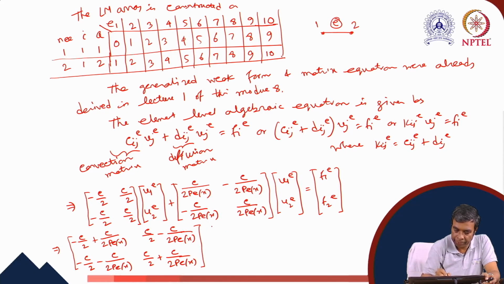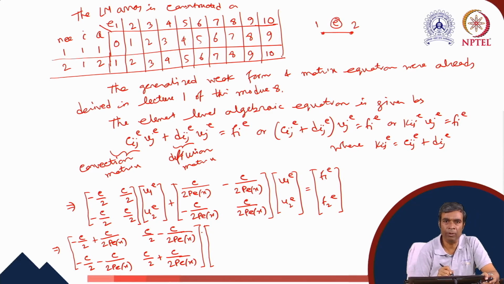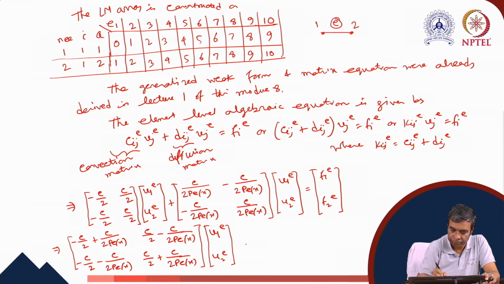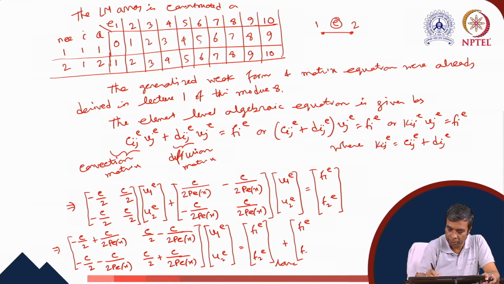Then we get the unknown element level load force vector, and the element level degree of freedom vector U1e, U2e equals F1e, F2e due to source plus F1e, F2e due to the essential boundary condition.